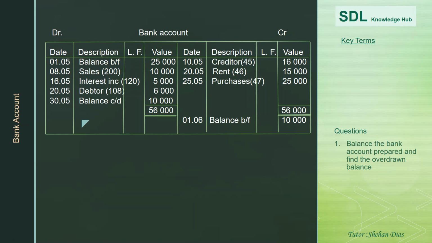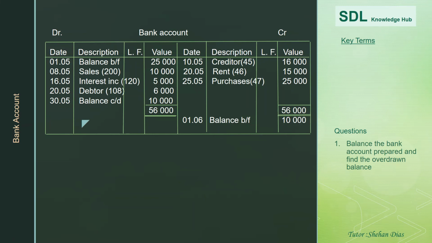Using the bank format, record the debit transactions, sales for 10,000, interest for 5,000 and debtors for 6,000. And also record the credit transactions, creditors for 16,000, rent for 15,000 and purchases for 25,000.